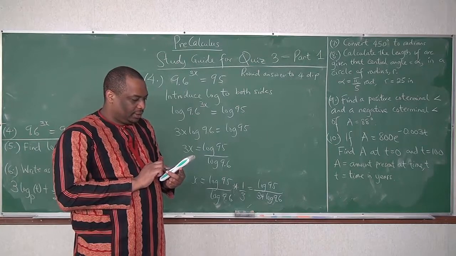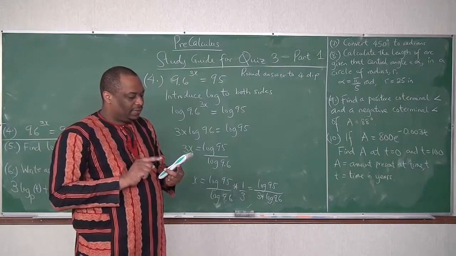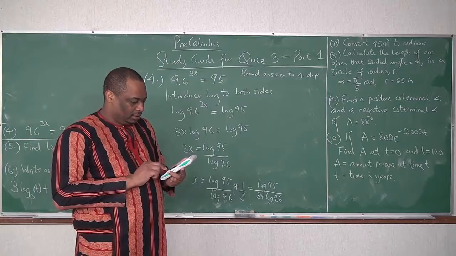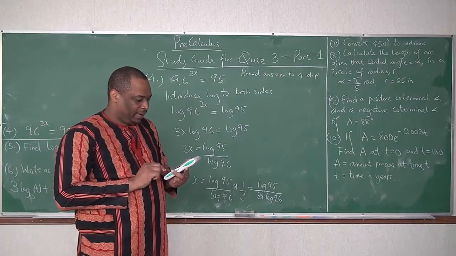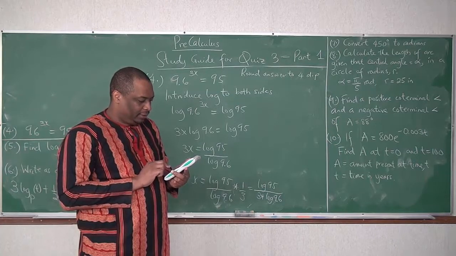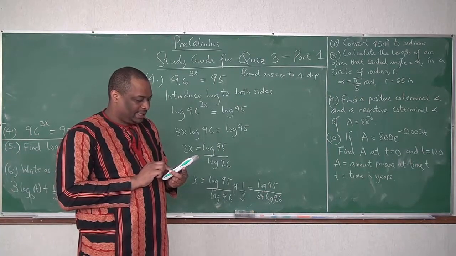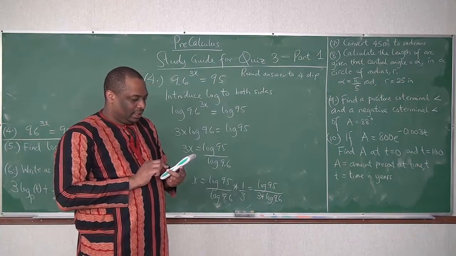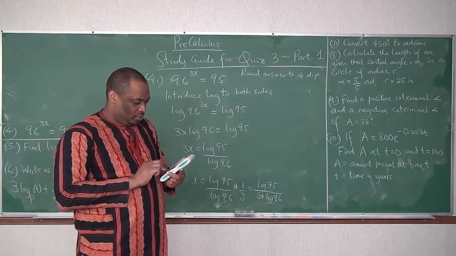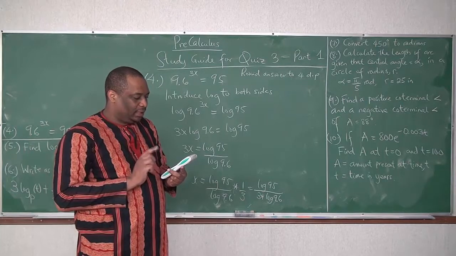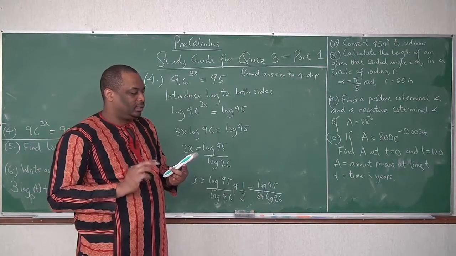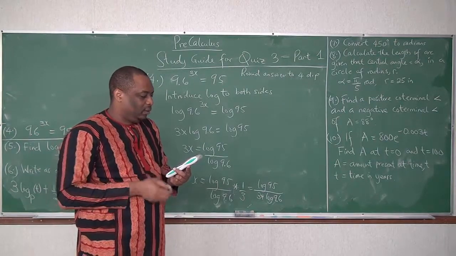Log 95 is 1.977723605, divided by 2.946813699, equal to this.